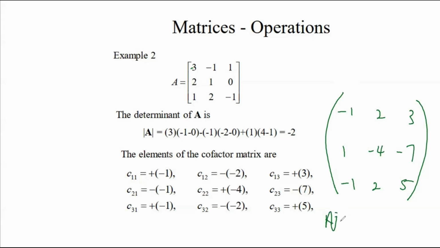So the adjoint of A will be the transpose of this one, which I think they did on the next slide. I'm just taking all these numbers and putting them in the cofactor matrix.